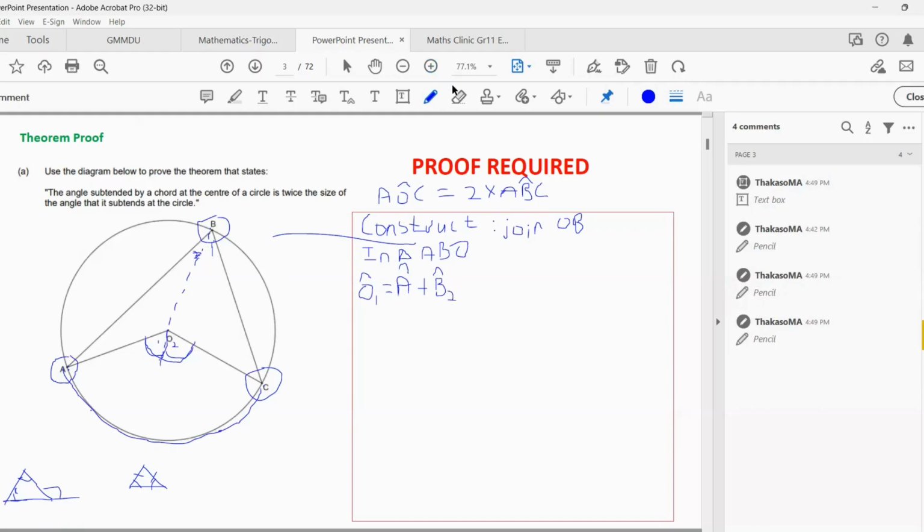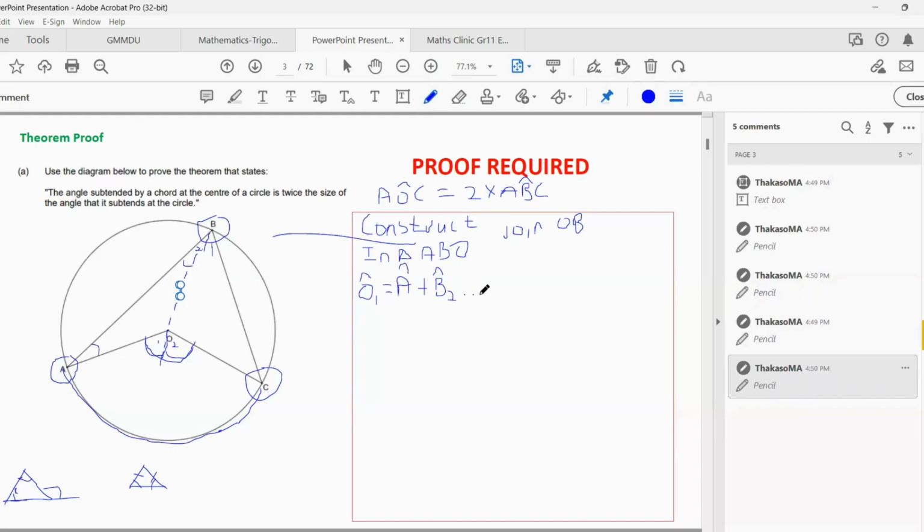Let me just write it again so that it's visible. My construction was joining OB so that I can have angle B1 and B2 this side. So this exterior angle is this angle plus this angle.